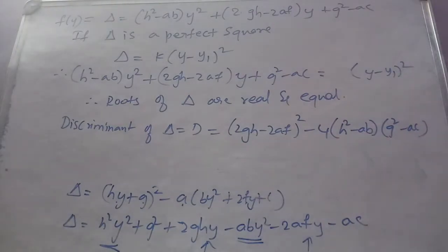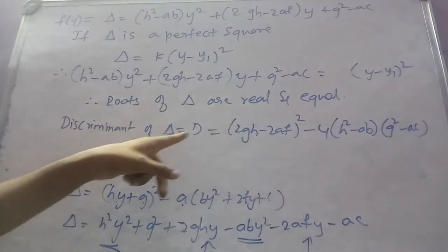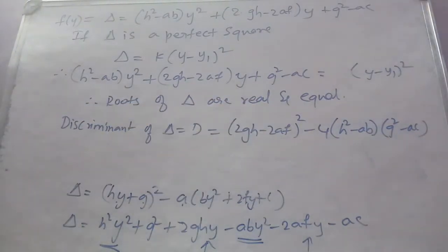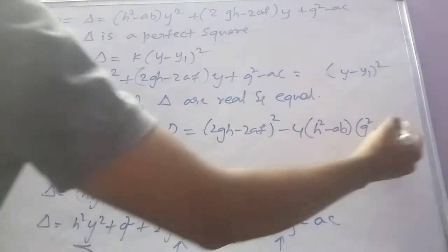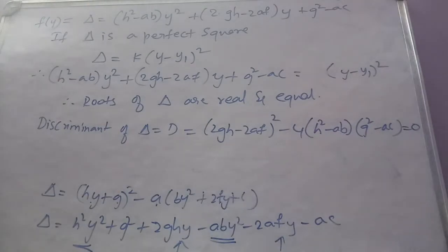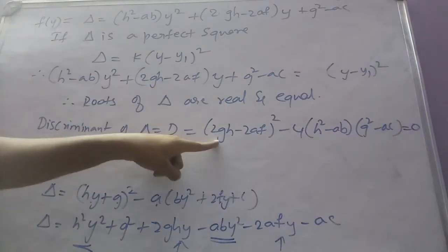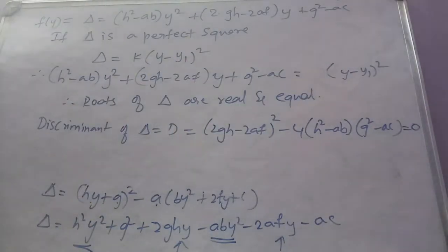So dear students, if the roots are real and equal, we know that discriminant is equal to 0 only, right? So therefore this discriminant is equal to 0.